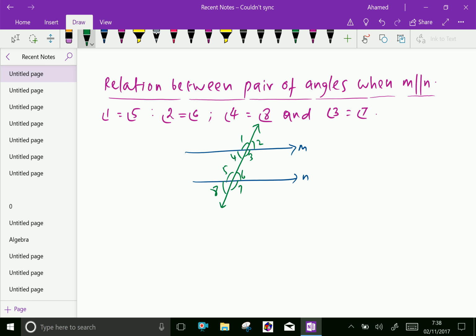Angle 1 equals angle 5, corresponding angles, if the lines are parallel. As well, angle 2 equals angle 6, which are also corresponding angles, and 4 equals 8, and 3 equals 7.